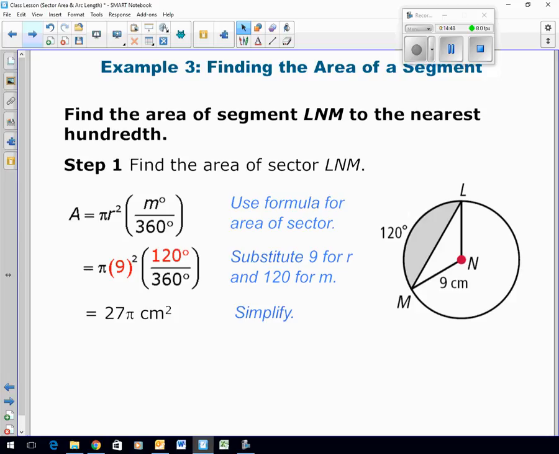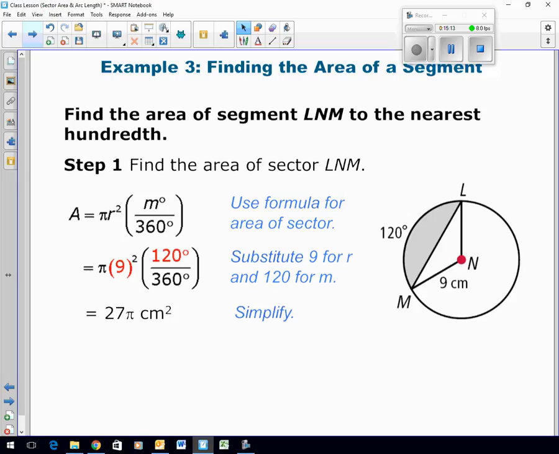The question says, find the area of segment LN, on circle with points L, N, M. I want to find that particular area. I want to know what this little region is. How do I do it? Find the area of the sector, using the area of the sector formula.